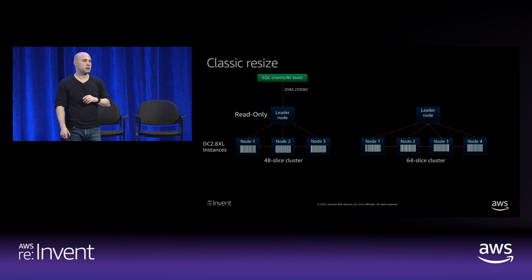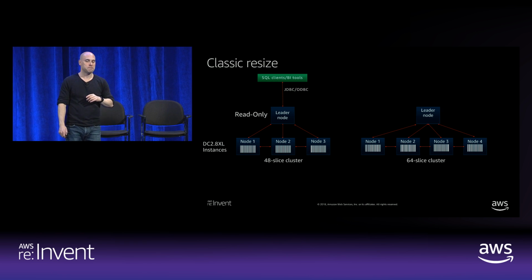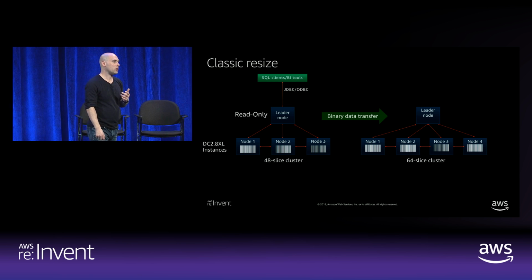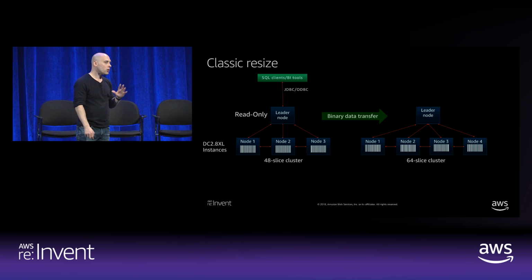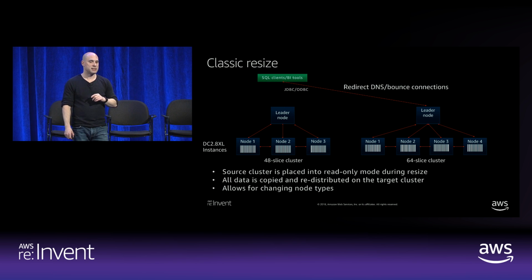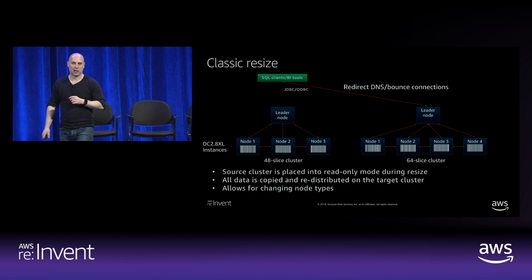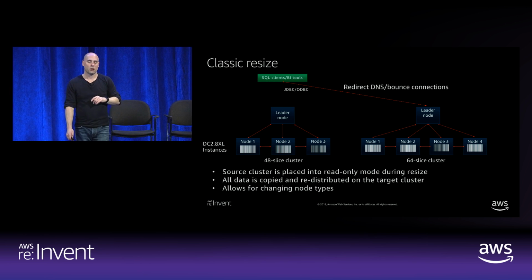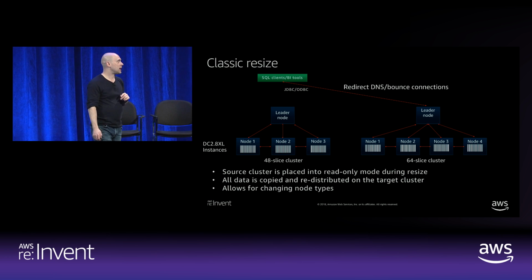We're going to drop your source cluster into read-only mode. Then we're going to do a binary transfer of all of this data, and redistribute it all across these slices. Once this operation is complete, we're going to repoint the DNS and bounce the connections to the original cluster. When everyone reconnects, they're reconnected to this new cluster. And that's how resize worked up until a few weeks ago, and still does if you select classic resize.